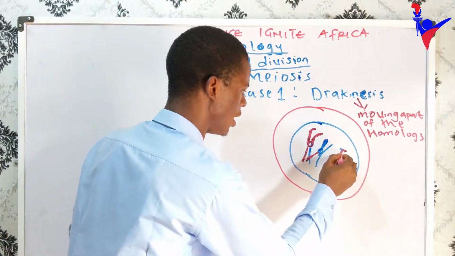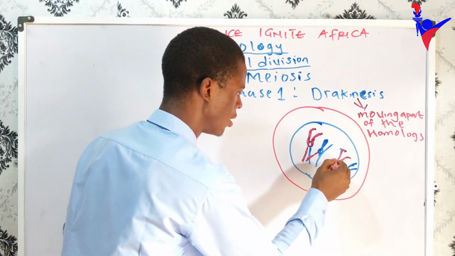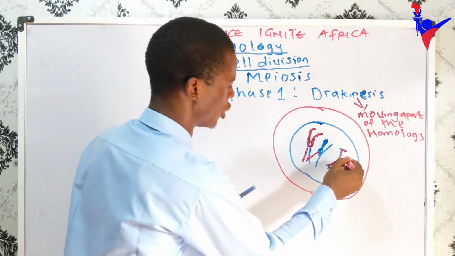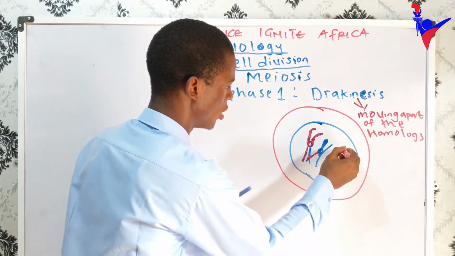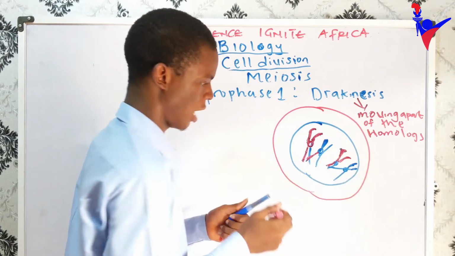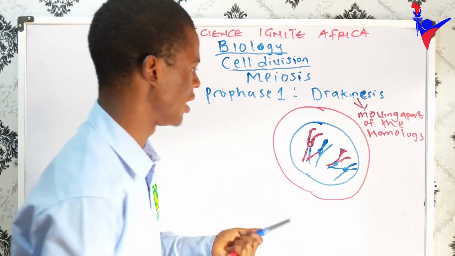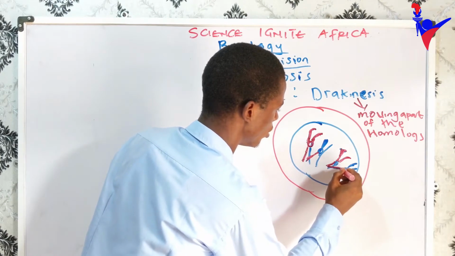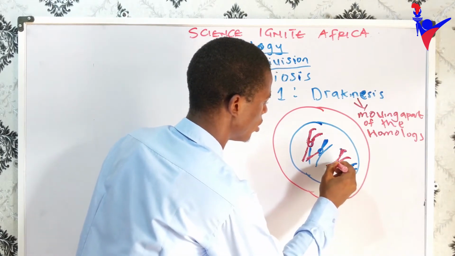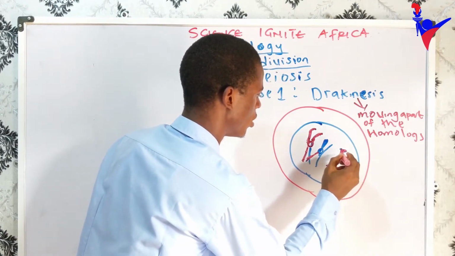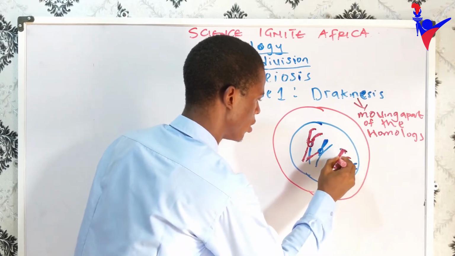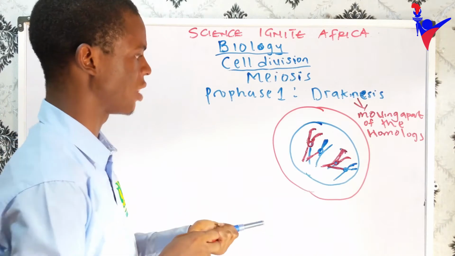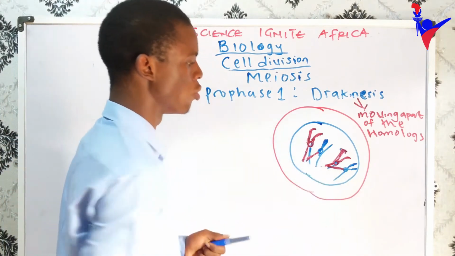You can also see here that there's an exchange of genetic material, but the chromosomes tend to repel each other.